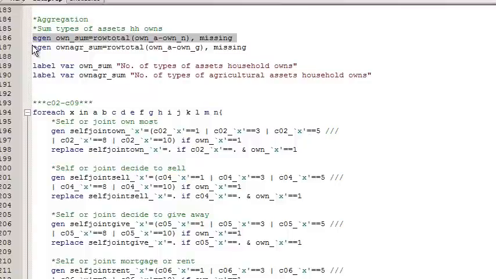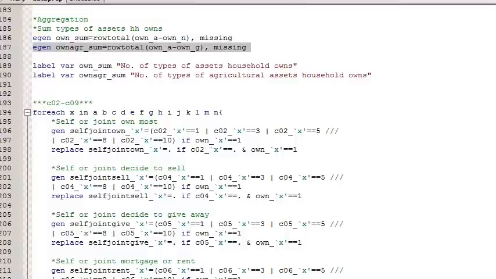This indicator varies between 0 and 14. And we create own-ag-sum, which gives me the number of types of agriculture assets the household owns. This indicator varies between 0 and 7.